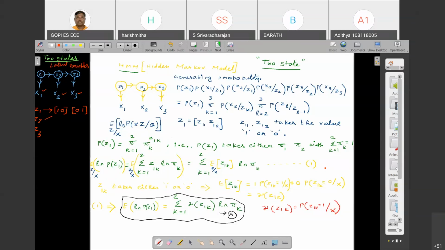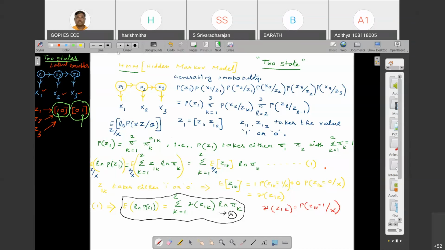Even z2 and z3 will take values like this. What does this mean? If z1 takes the value 1 0, it is in state 1, the first element. If it takes the value 0 1, then we can say that it is in state 2. So z1, z2, z3 are the latent variables which are responsible for generating x1, x2, and x3, right?